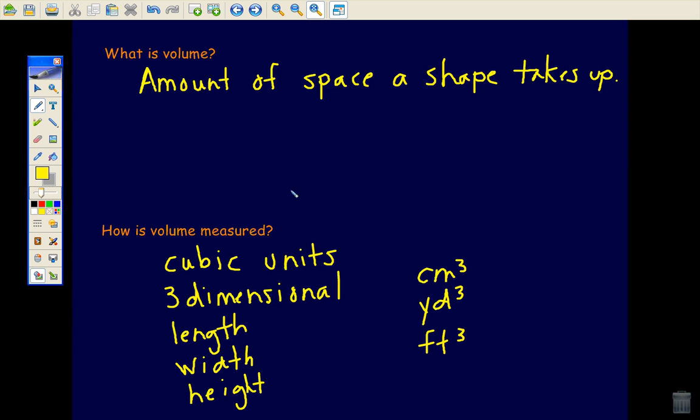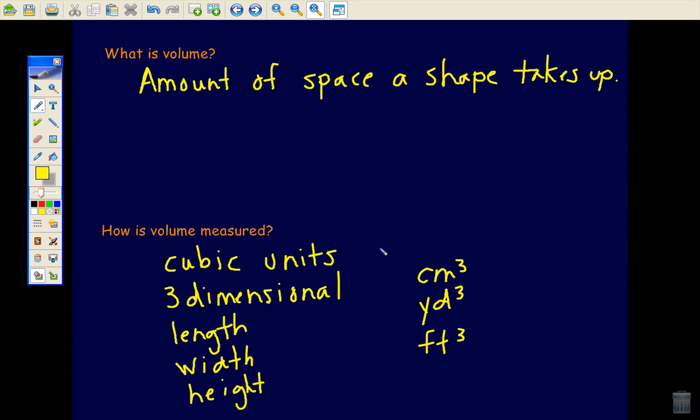And because we use the units of measurement for length, width, and height, such as centimeters, yards, and feet, because it's three-dimensional, we're going to use the little 3 like we talked about with area. It was two-dimensional, so we used the 2 because it was square units. Now we're talking about cubic units.